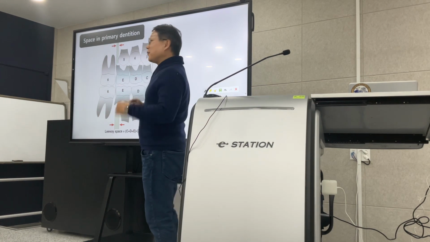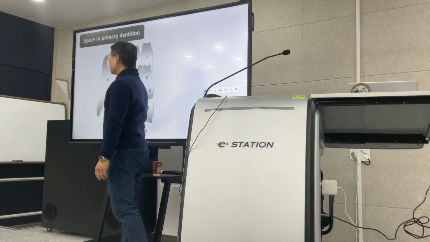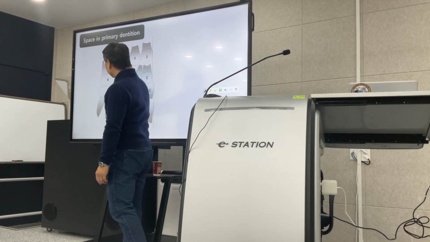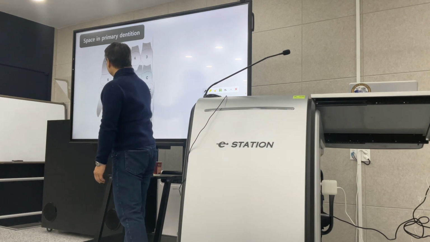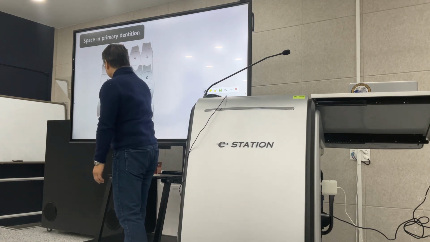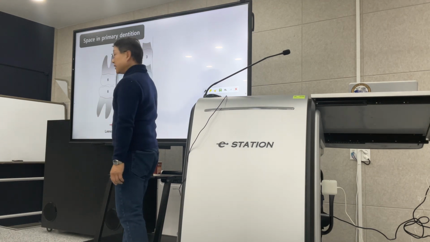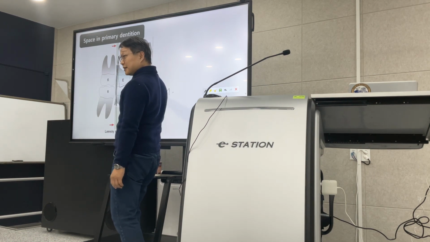When you're talking about the relationship of primary teeth, the most common is the flush terminal. But if the mandibular second molar is located right there, then their distal end is like that. They are located mesially.